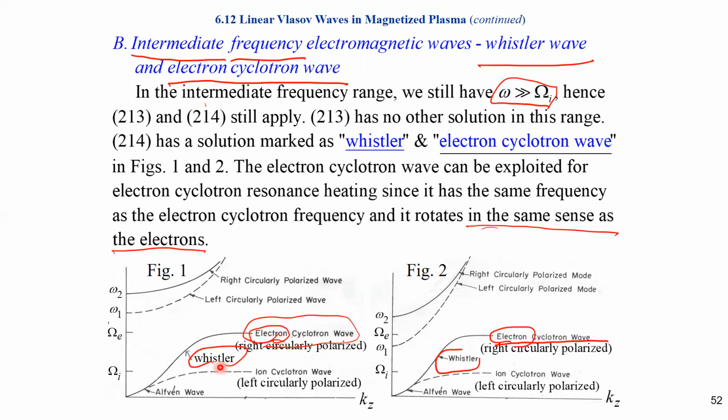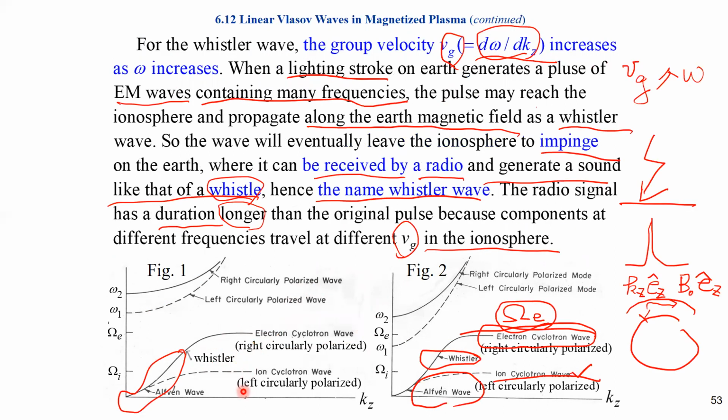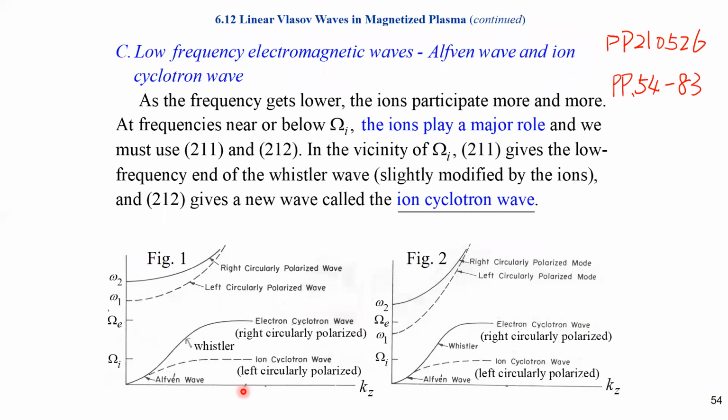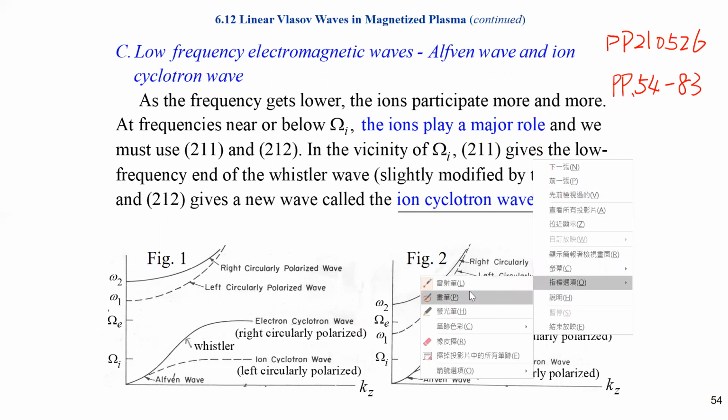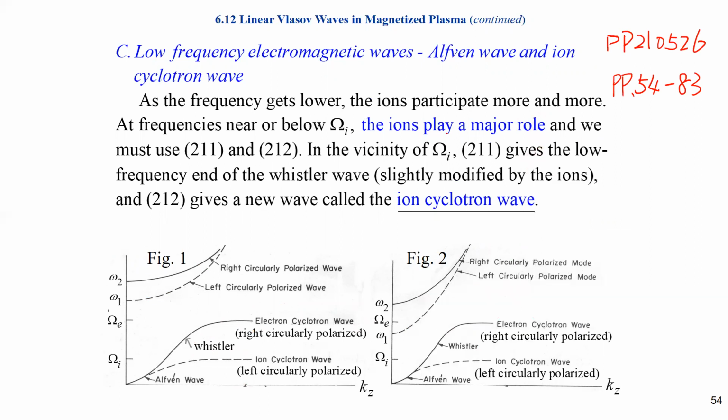Okay. And today we will continue our discussion by considering lower frequency electromagnetic waves. That's the Alfven wave, and the ion cyclotron frequency.